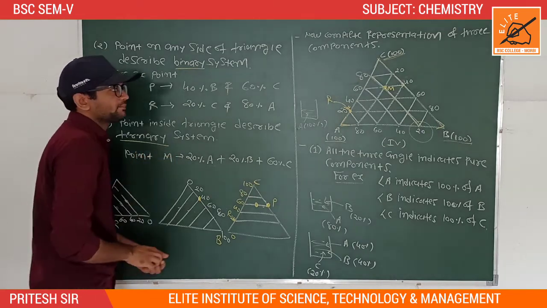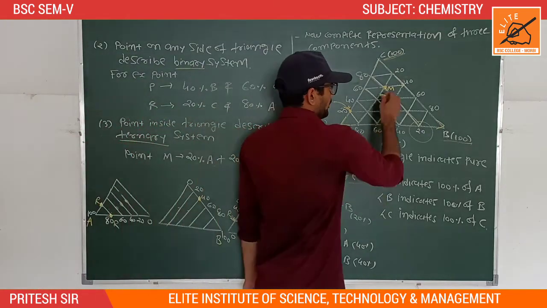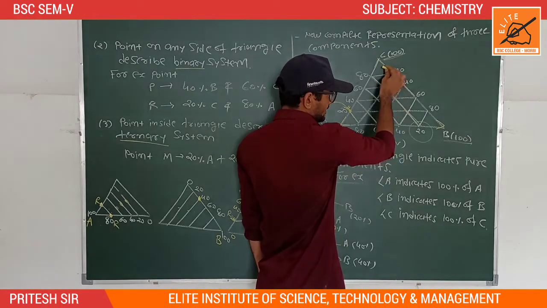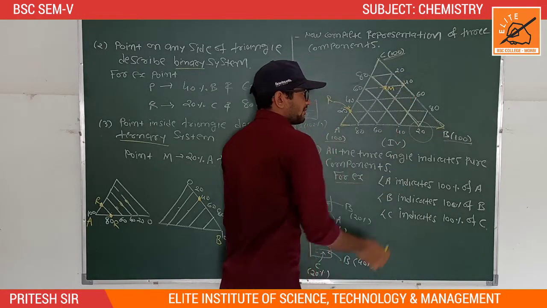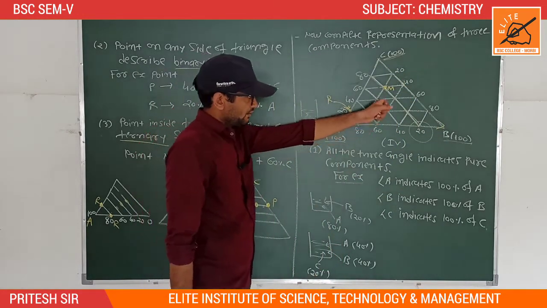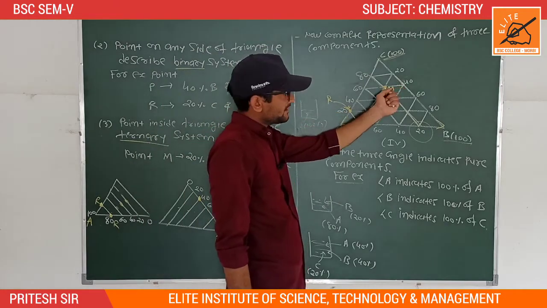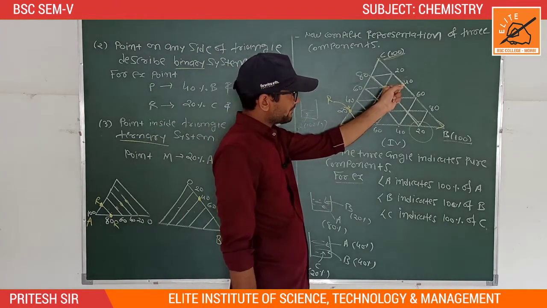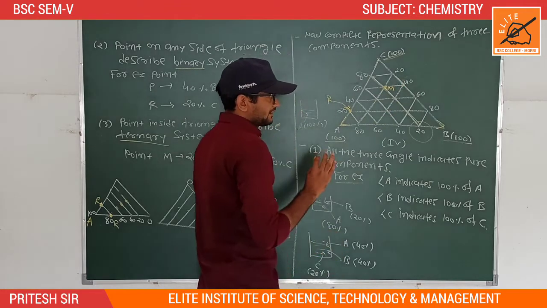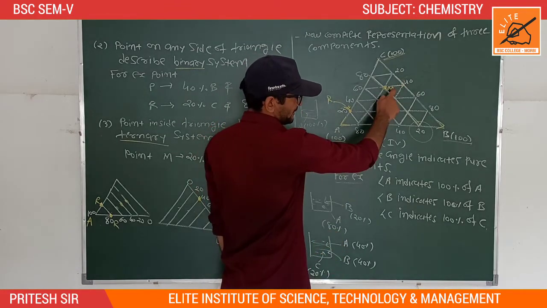Here we can see point M. Point M is inside the triangle, and this point indicates that a ternary system is present. First, find the exact position of this point.